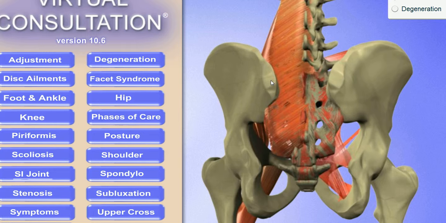Now, I usually don't like to jump to that route because oftentimes our clinical indications will help us make the determination that this is the condition that you're experiencing.